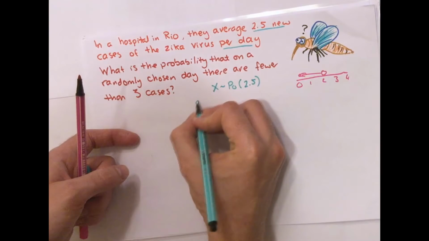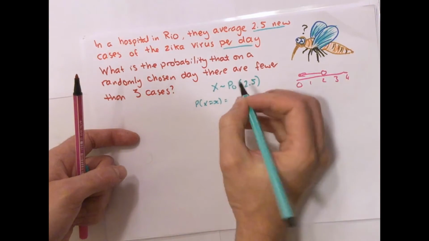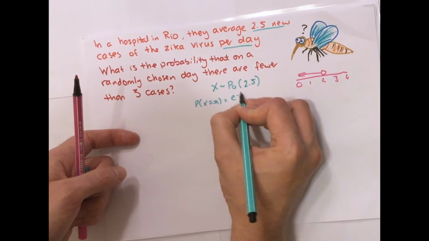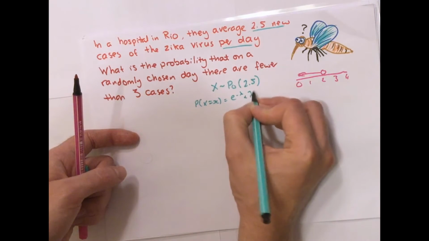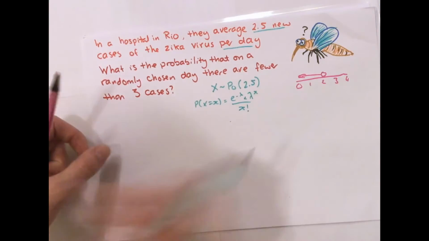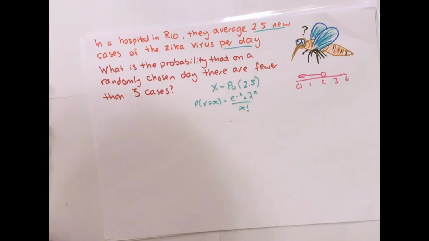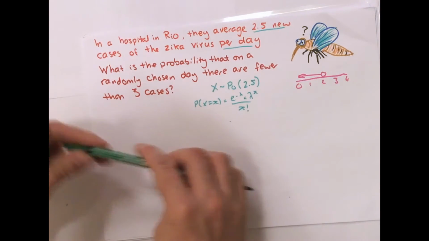I'll write down at the start the Poisson probability, e to the minus lambda times lambda to the x over x factorial, so I'm giving all the information at the start. Then let's construct the probability distribution for this scenario.